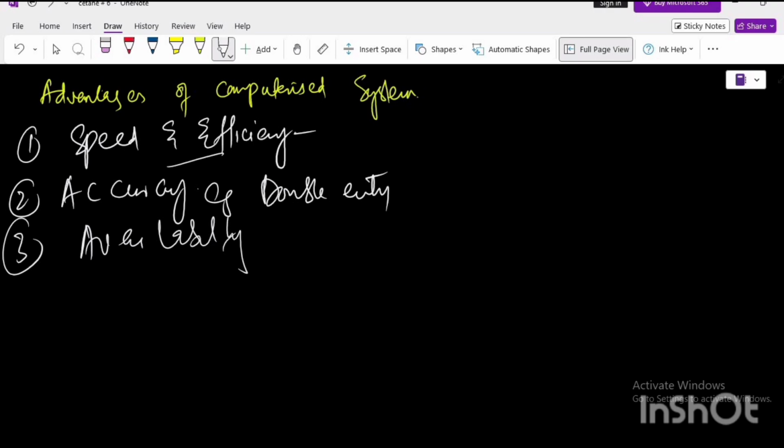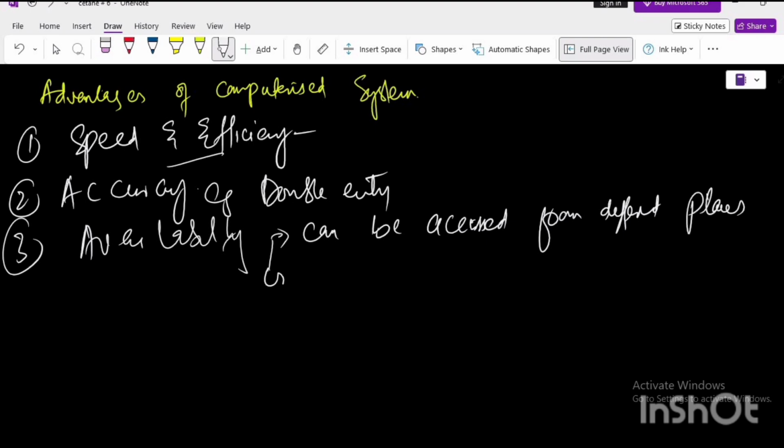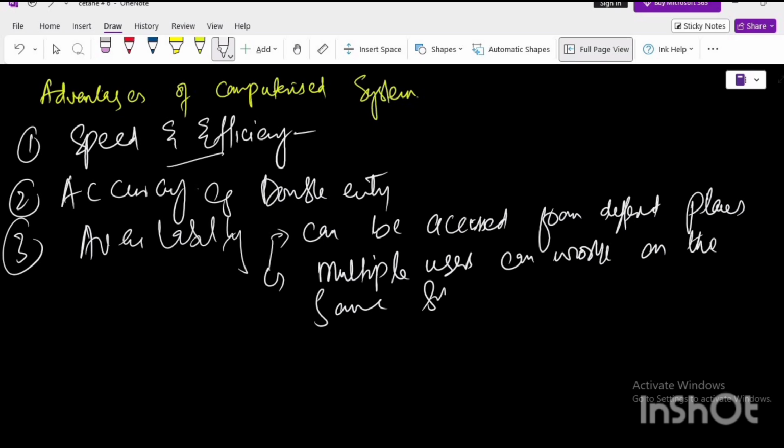So I will say here that it can be accessed from different places, and you may also say that multiple users can work on the same system at the same time.